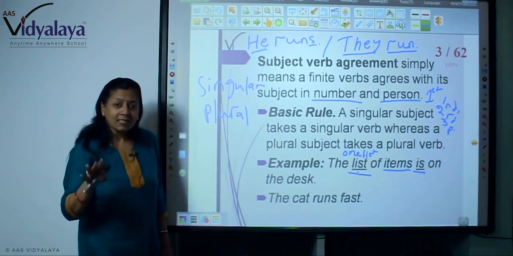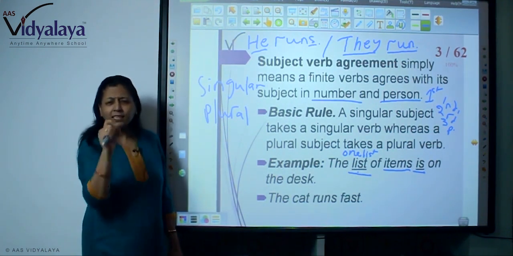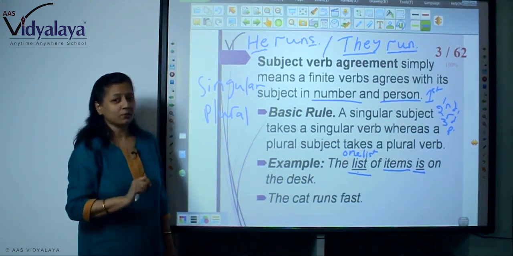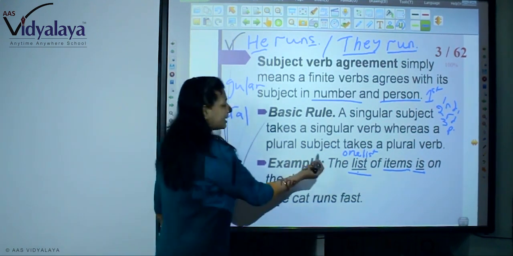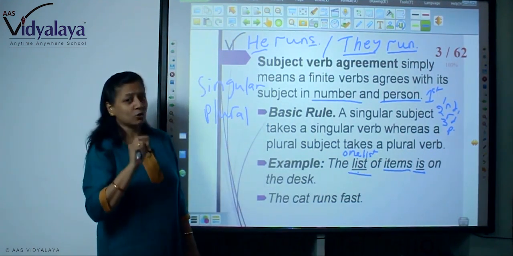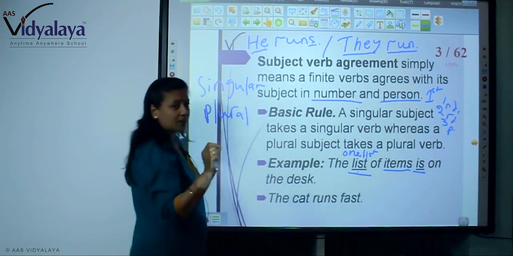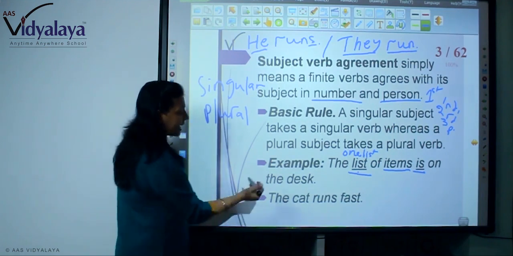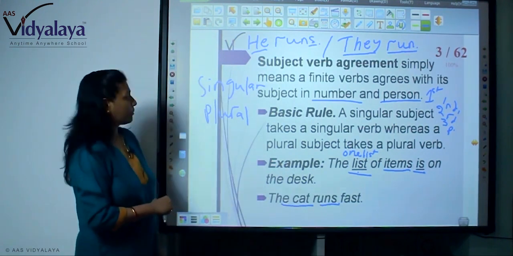And with practice, you can be perfect in this, as this is a little difficult to understand and to apply. So, I want your 100% attention in this class, as this class is very important. The list, as list is one list, so our main subject is the list, and so our verb is. And we will not consider items because that is the list of items, right? Now next, the cat runs fast. Here singular, so runs is here.